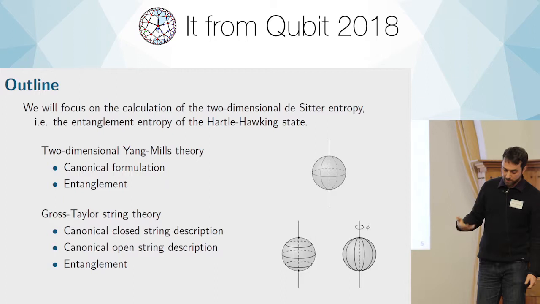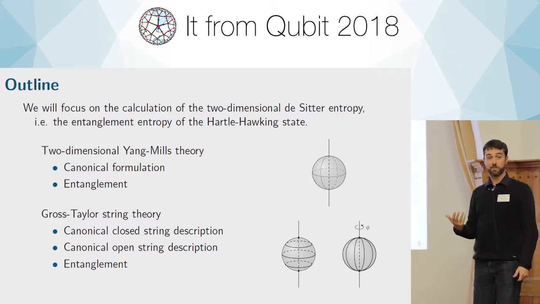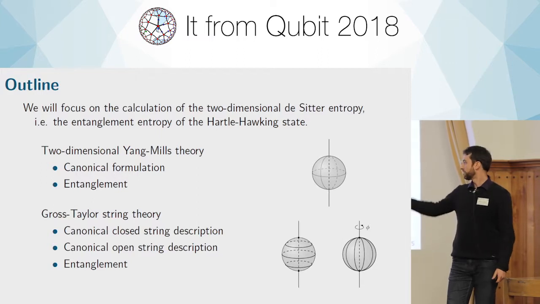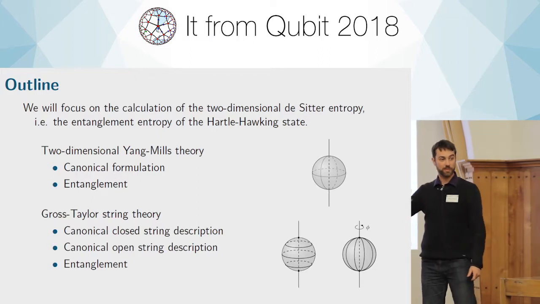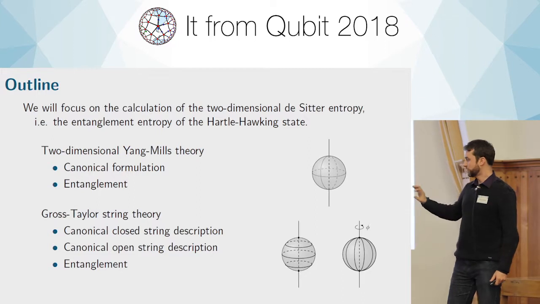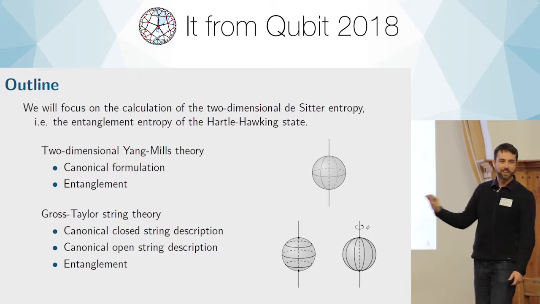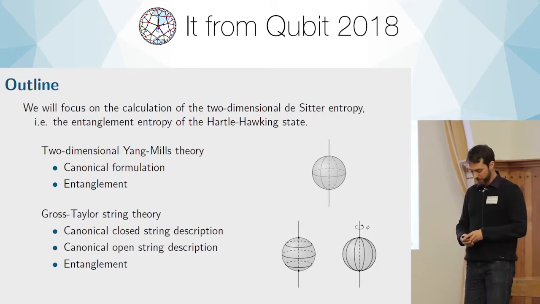But as we expect, in order to understand the entanglement, we also have to talk about open strings. So I'm going to discuss that canonical theory, and finally how one can understand the entanglement calculation in terms of open strings as an honest calculation in a Hilbert space with a modular Hamiltonian.